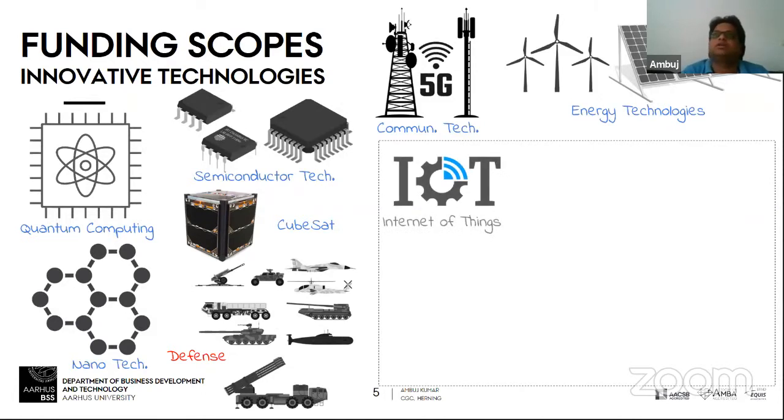And I forgot to put here ICT, which is an umbrella for all the information and communication technologies. But IoT related projects can be made in smaller groups, because the cost of equipment and things is not that expensive. So you can have a good opportunity in this area.